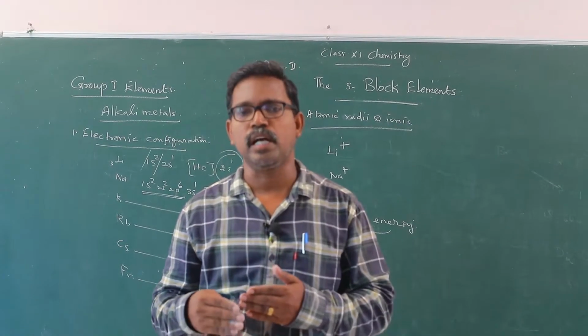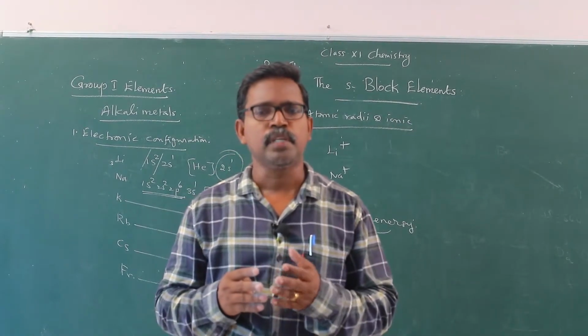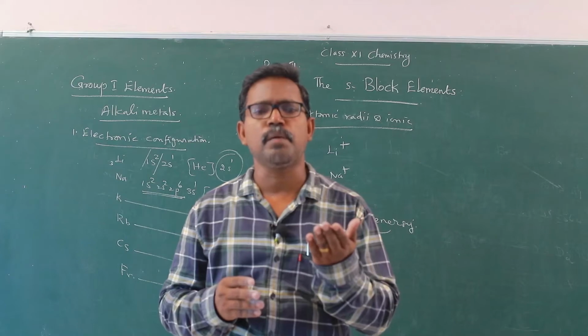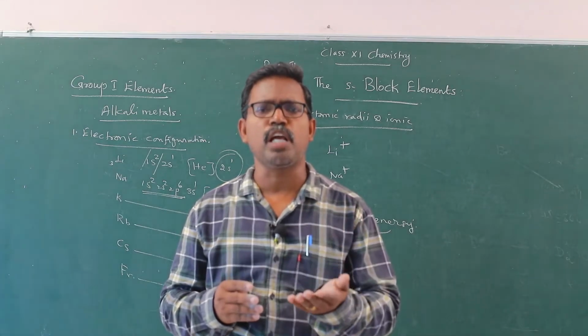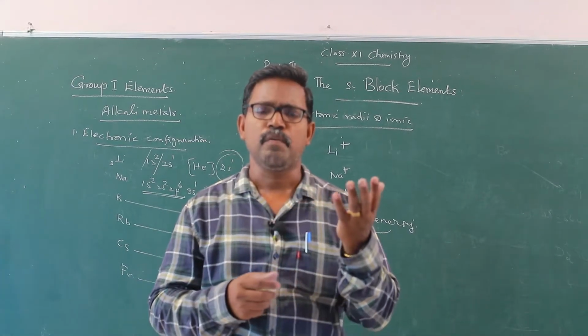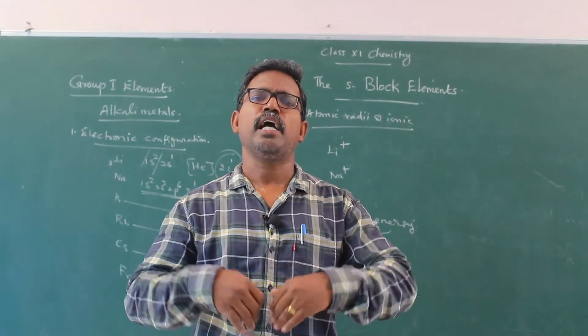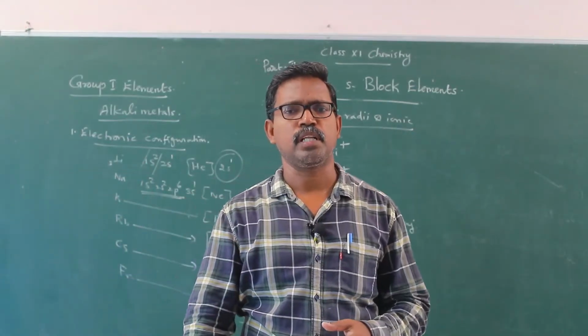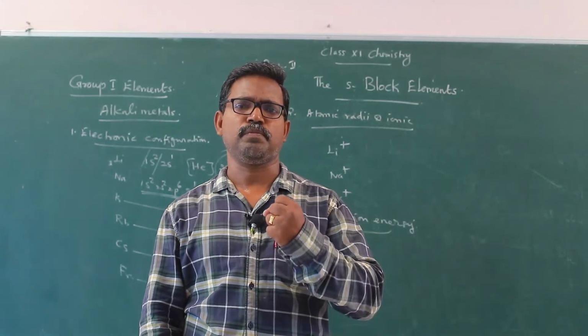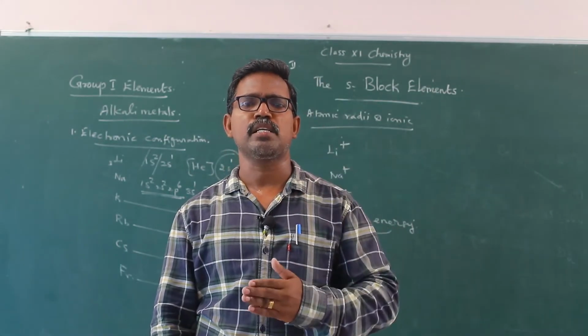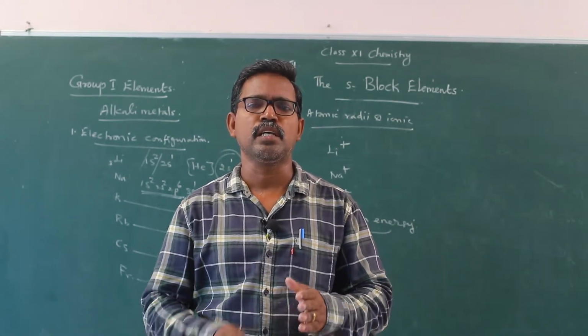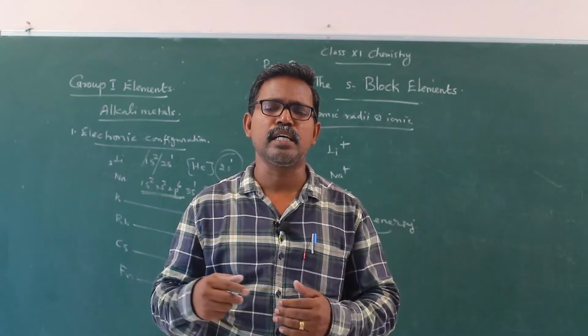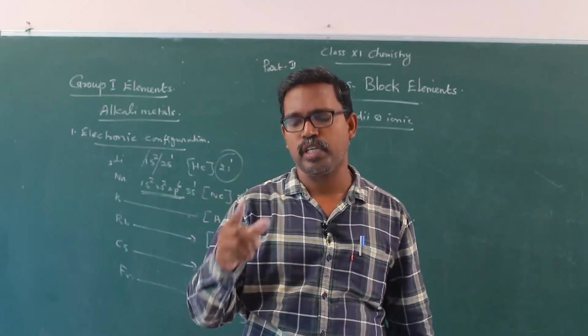Cesium easily loses its valence electron, and with the help of sunlight it can emit electrons.